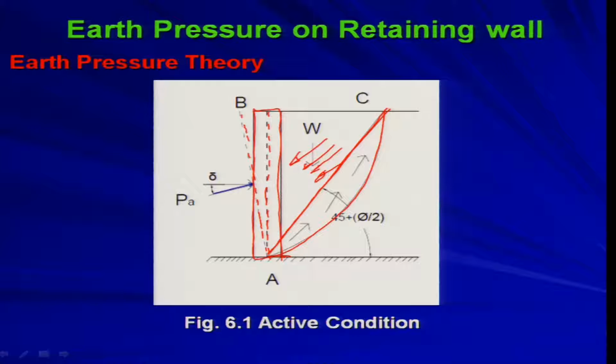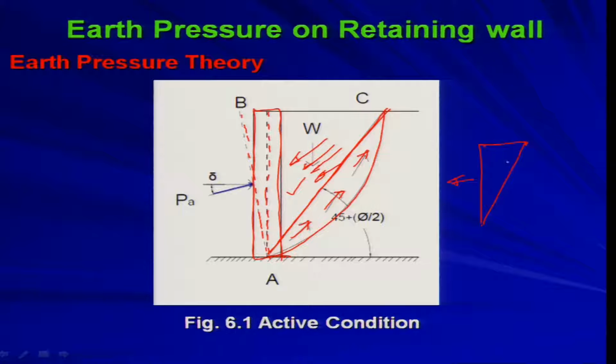So this block A, B, C will try to move along with the wall, and the soil pressure or soil resistance will try to resist that kind of movement. This is the triangular wedge, and it will try to move in this direction.